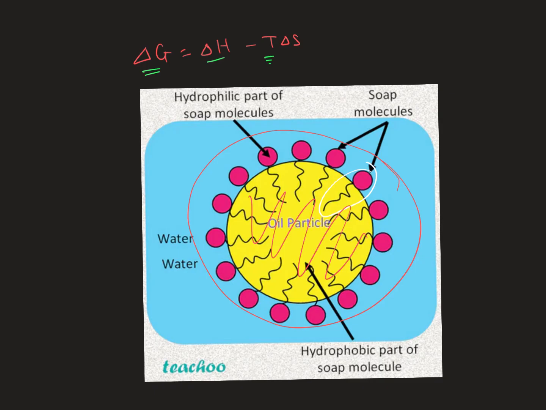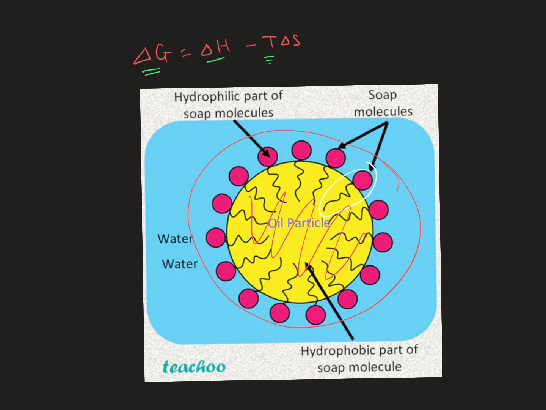So it's nice to say "like dissolves like," but you have some components that are kind of both, like an equalizer. So the oil's not really dissolved, it kind of hooks onto the soap. There's an intermolecular force that hooks onto it, and then the water pushes it out.